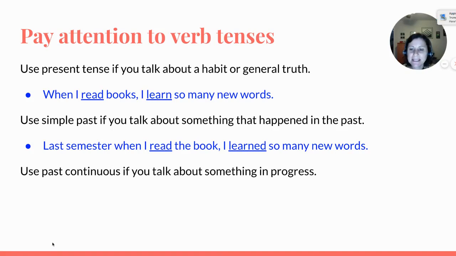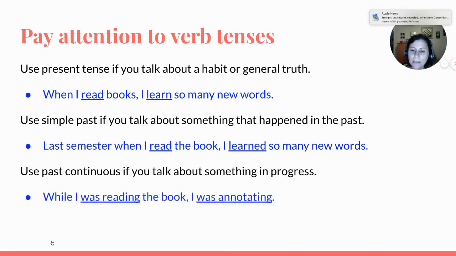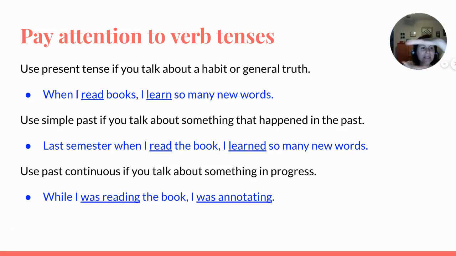Sometimes we use past continuous if you talk about something in progress. For example, while I was reading the book, I was annotating. So those two things are happening kind of simultaneously in the past at the same time. I was reading and I was annotating.